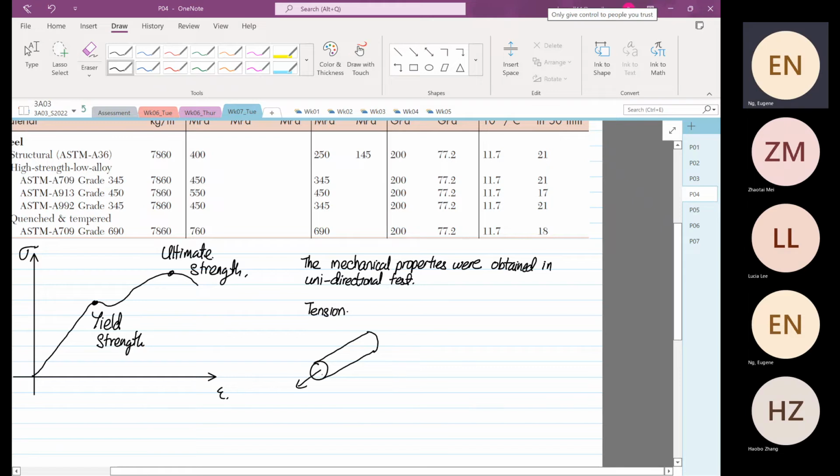We put it in tension. And the tension is the most commonly used, due to easy setup or experimental setup.